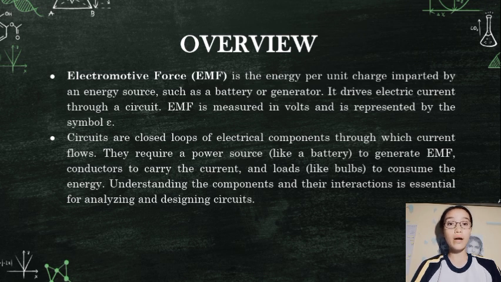So they require a power source like the battery to generate EMF. So conductors carry the current and the loads, like our bulbs or generators, consume the energy released by the energy source. So understanding the components and their interaction is essential for analyzing and designing the circuits.